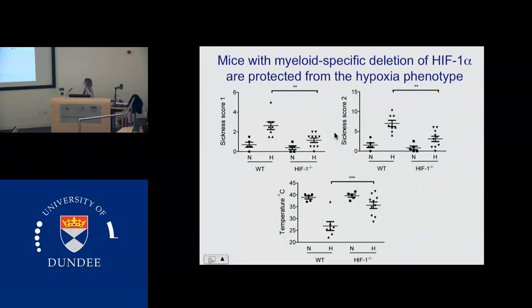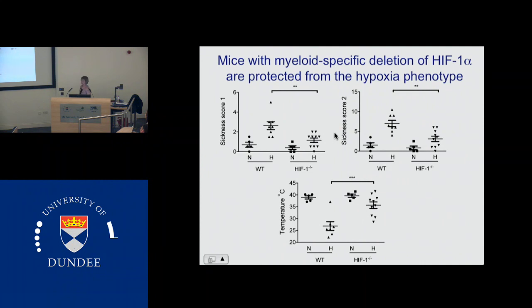So we thought, well, is this anything to do with HIF? We know that HIF profoundly regulates neutrophil behaviour, and we had some mice that have HIF1 deleted from their myeloid cells, so it's absent from their macrophages and their neutrophils, and we were able to show that these HIF1 knockout mice were less sick in the context of hypoxia.